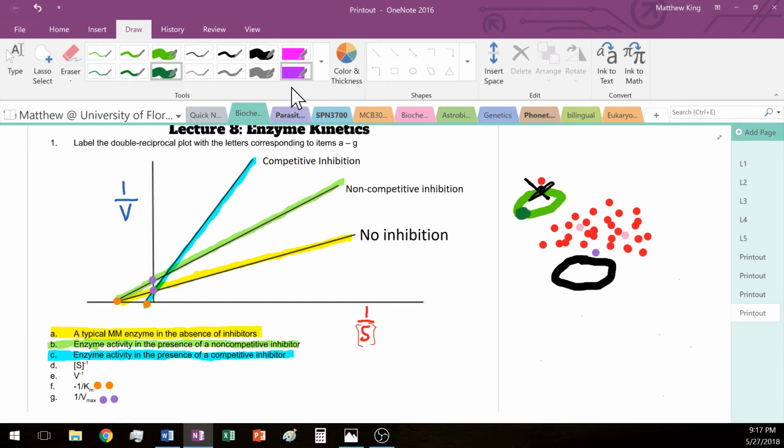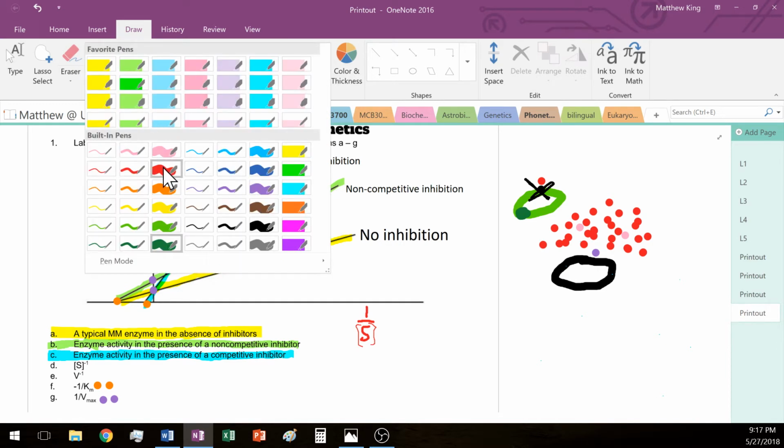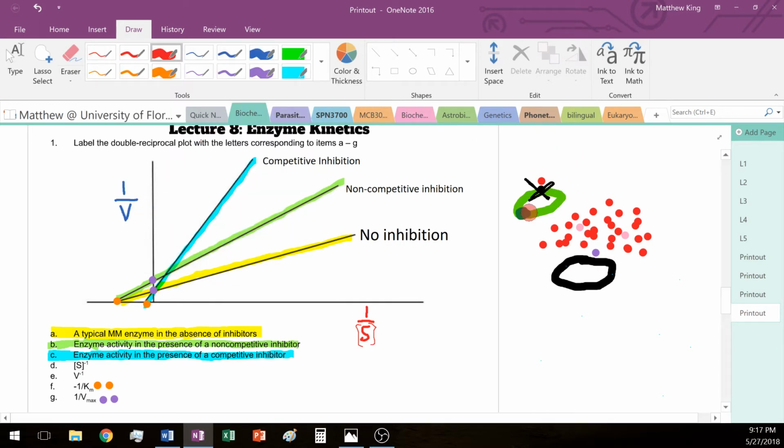So why we say that the Vmax technically drops, in this case it's showing a small drop. Depending on how much non-competitive inhibitor there is, it can be a really big drop. However, why we're saying it drops is because, let's take another look at our dots. If this is our non-competitive inhibitor that is successfully bound over here, it's going to inactivate that active site, which is why I have an X through the black dot, which is our active site in this case.